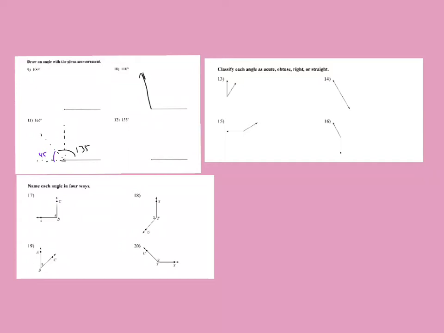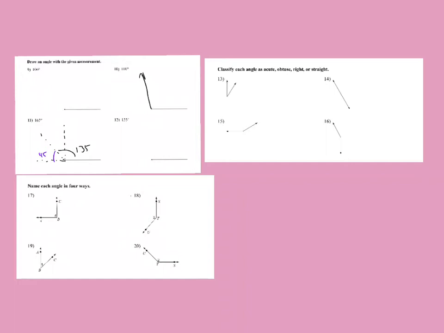So if I cut that in half, it's 22 and a half. 22 plus 135 is 157, so it's really close to halfway in between. It's slightly more, so I'm going to go slightly more than halfway.